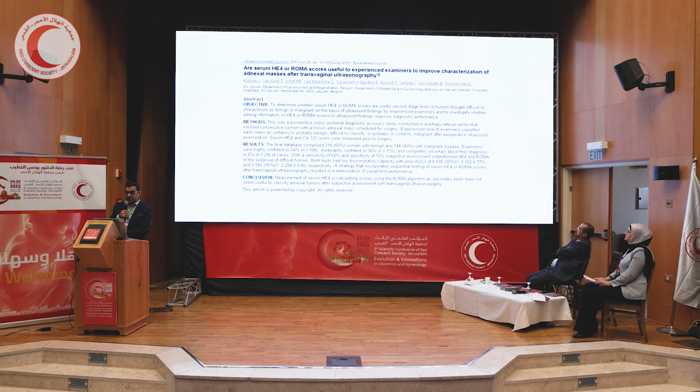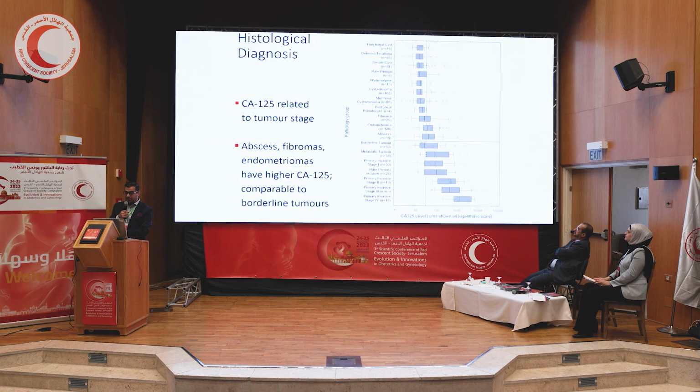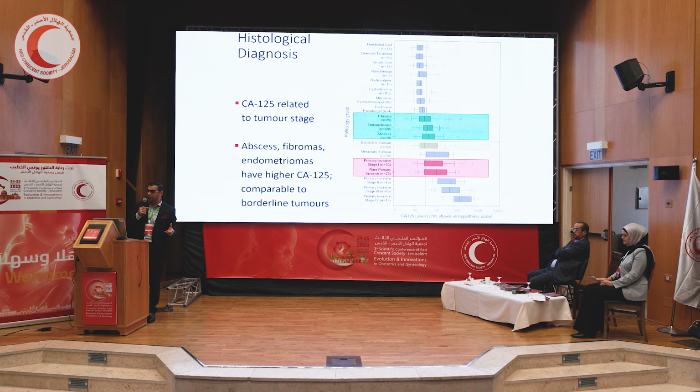And the CA125 as well, on its own, does not add much, because all of us know that the values are overlapping. 50% of women with stage 1 ovarian cancer have a normal CA125. In one mathematical model, they calculated the amount of tumor that secretes CA125.